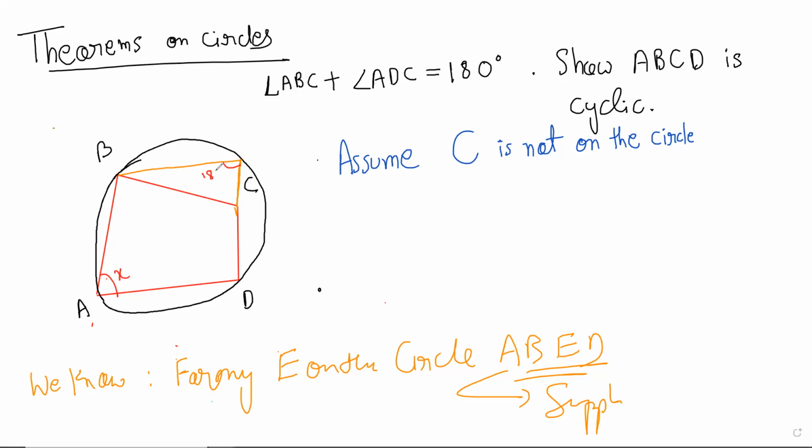But then we are given that this is also 180 minus x. So they have to be the same points. This C prime and C have to be the same point. There's no difference.